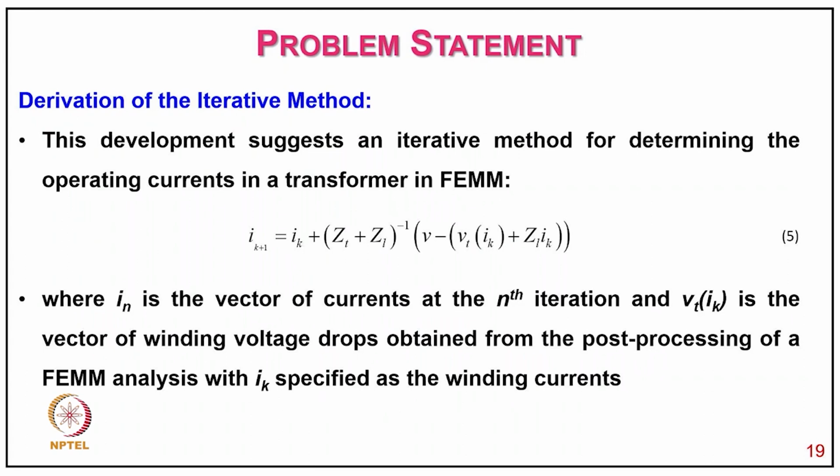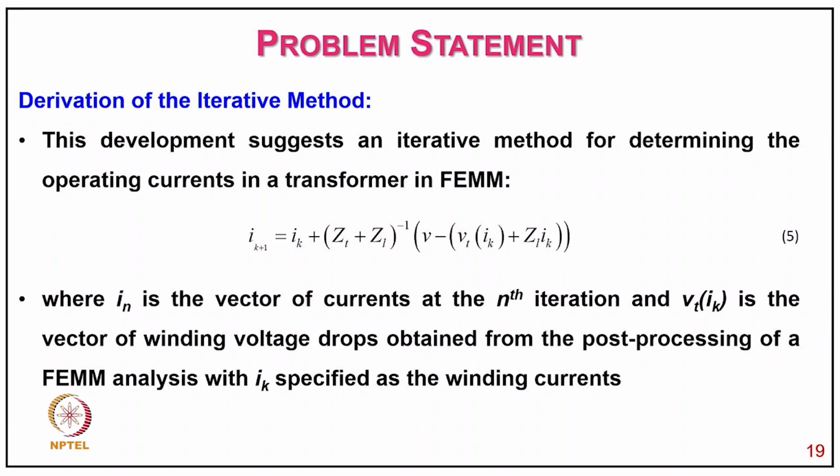So this development suggests an iterative method for determining the operating current in the transformer in FEMM, and that is I(k+1) equal to I(k) plus (ZT plus ZL) to the power minus 1 into (V minus (VT(Ik) plus ZL into Ik)).